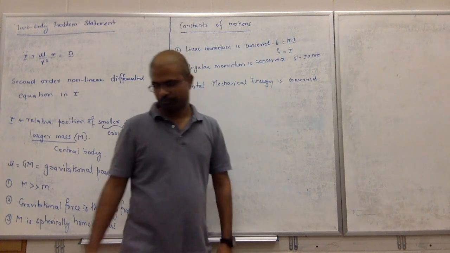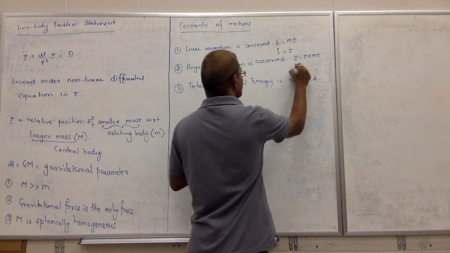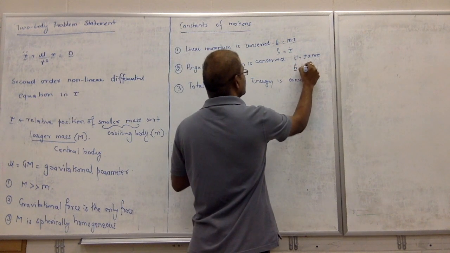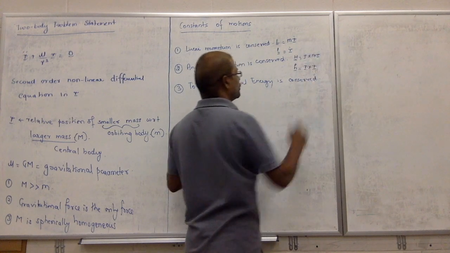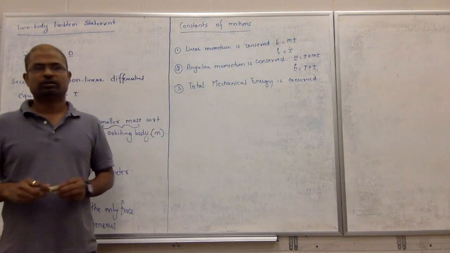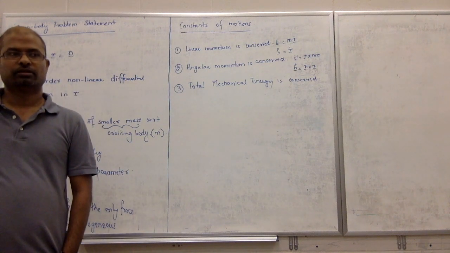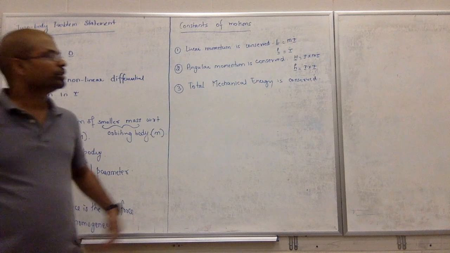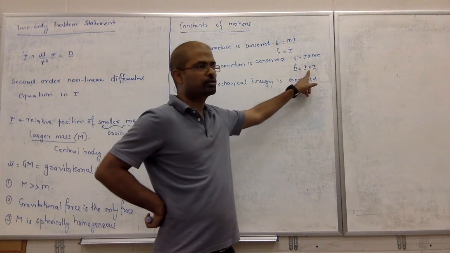So here we define something called specific angular momentum, which is r cross r dot. What we have done here is simply divide this by mass.